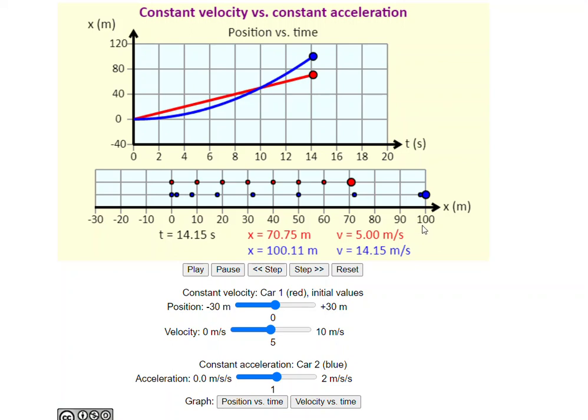So let's translate that to a graph. Instead of just doing a one-dimensional graph, we look at both dimensions: position on the y-axis and time on the x-axis. After 1 second, the red car has gone 5 meters.